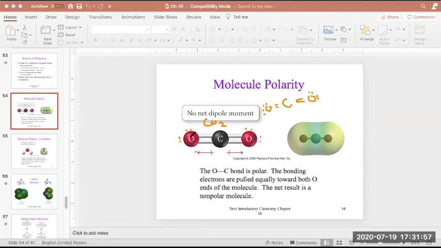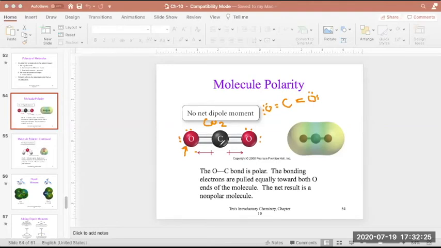But the main thing is that first you have to find whether the bond is polar or not, right? So if you see the electronegativity table, you will see oxygen will have a bigger number. It can be 3.5 or 2.5, you have to see. And then carbon will have a smaller number for electronegativity.